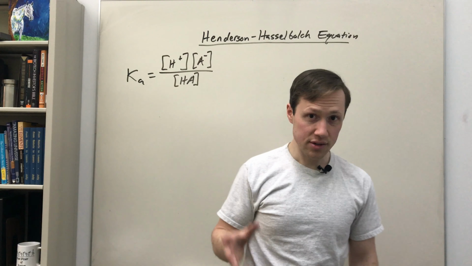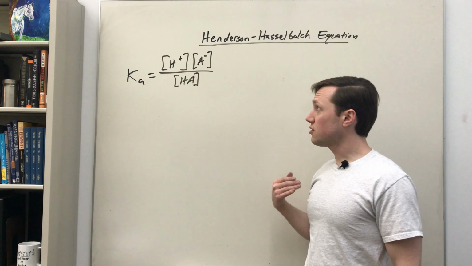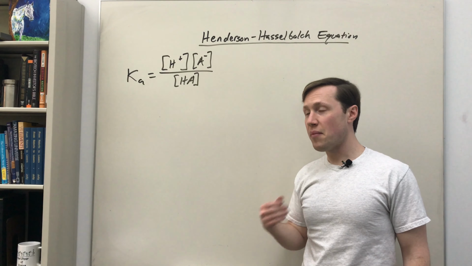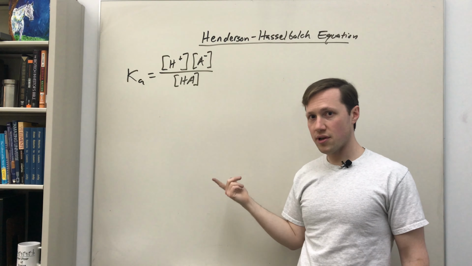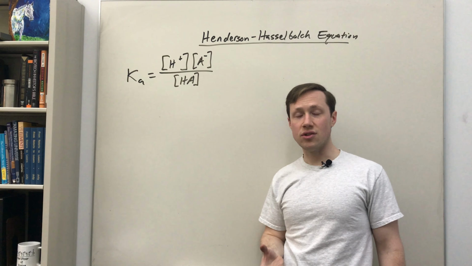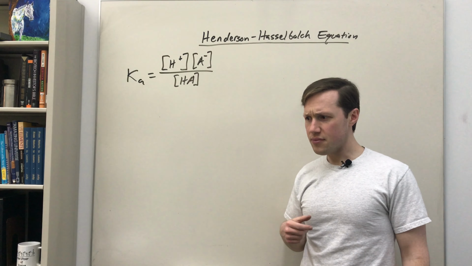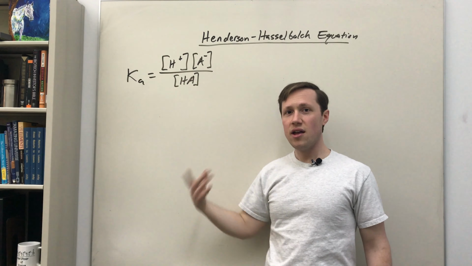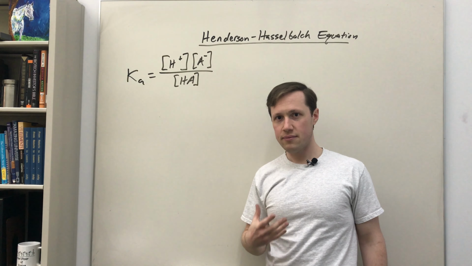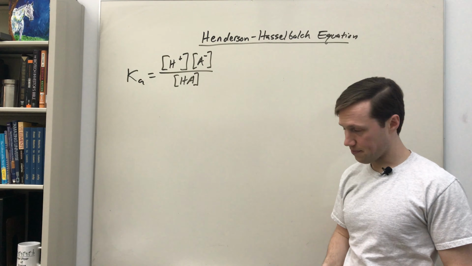Now, one of the things that we saw when doing calculations with buffers was that it was sometimes the case that the amount of HA lost and A minus formed over the course of the reaction was quite small. And as a result, the otherwise potentially complicated quadratic math really simplified quite a bit. Henderson-Hasselbalch is making those same assumptions.